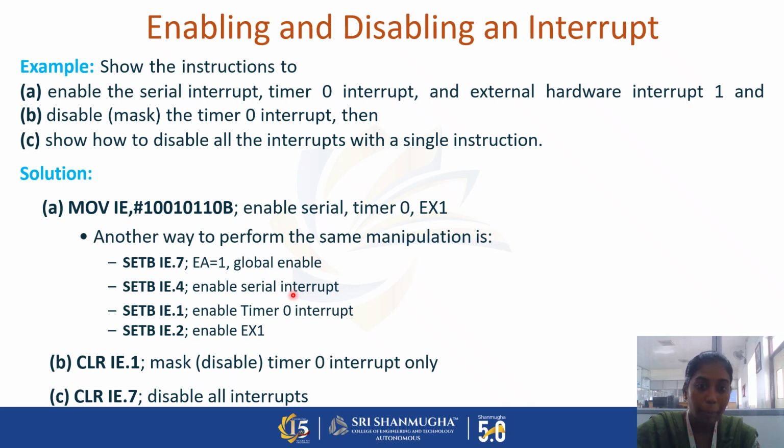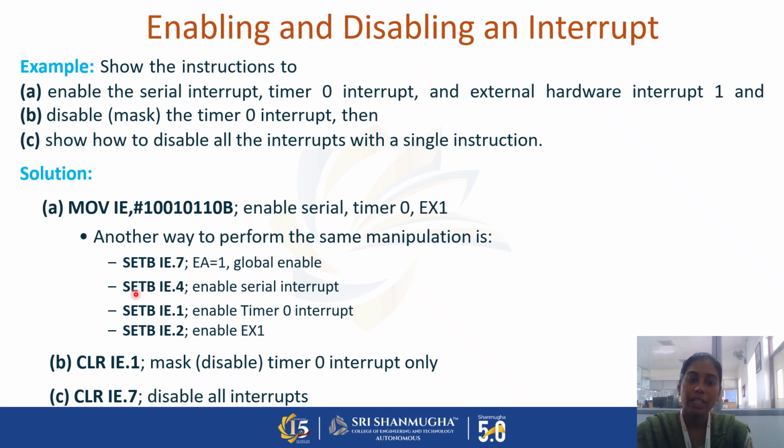The 4th bit is the serial interrupt. If we set IE.4, that is, make the 4th bit 1, then the serial interrupt can be handled. The same way for the first bit, second bit, and so on. In our register there are 8 bits, 0 to 7, and each bit has a special function, so we specify the bit number.